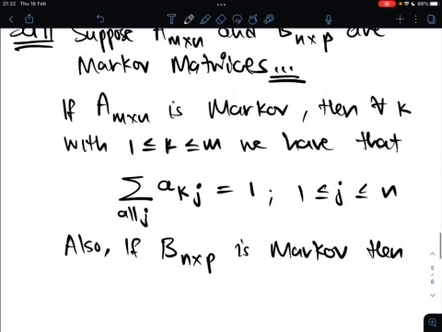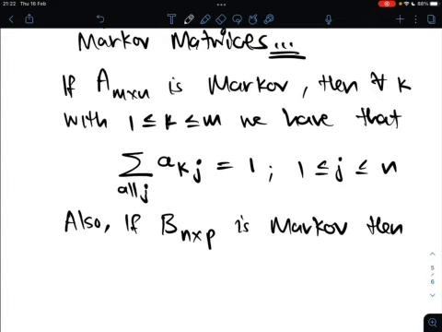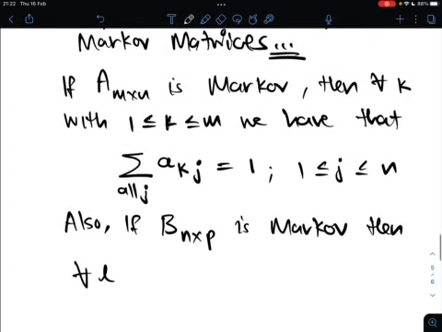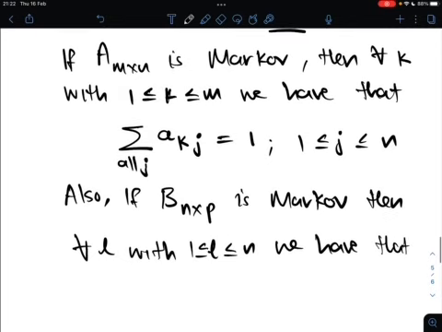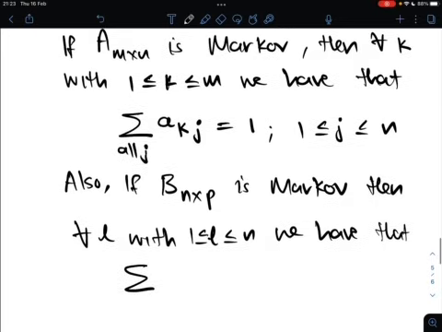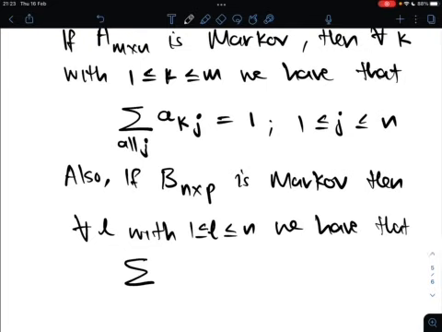So if B is also a Markov matrix, then it means for all L, where L ranges from 1 to n, we have that the sum of B_Lj' is equal to 1.